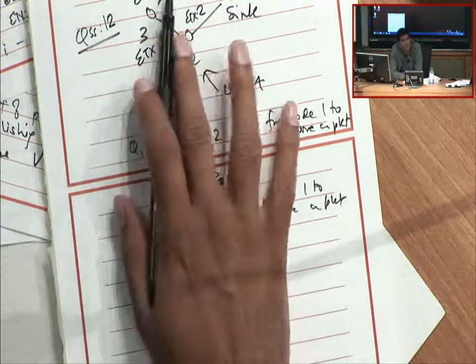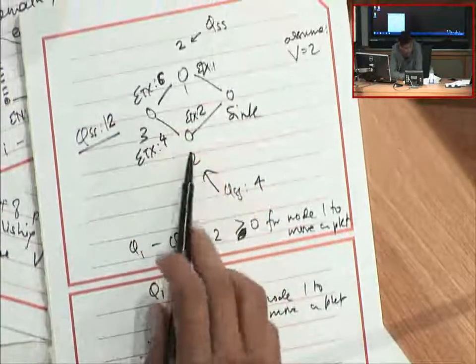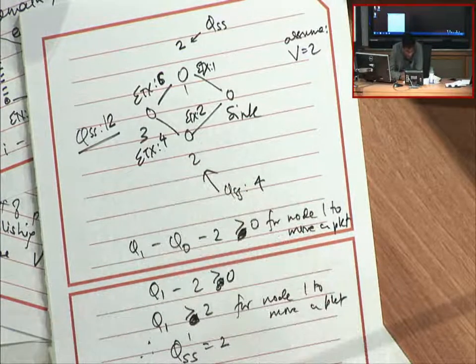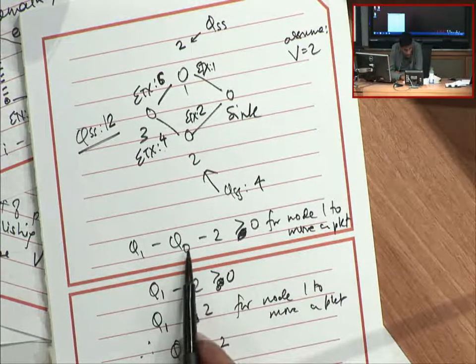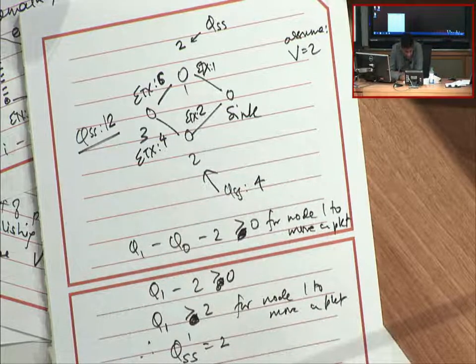At steady state, you would never see more than 2 packets sitting in this queue. By the same line of reasoning, the steady state queue at node number 2 will have to overcome a gradient of 2 times 2, which is 4. For any number bigger than 4, a packet would have moved, which means that at steady state, it's equal to 4.